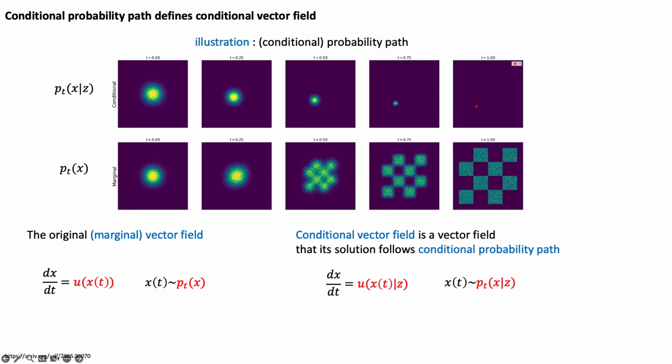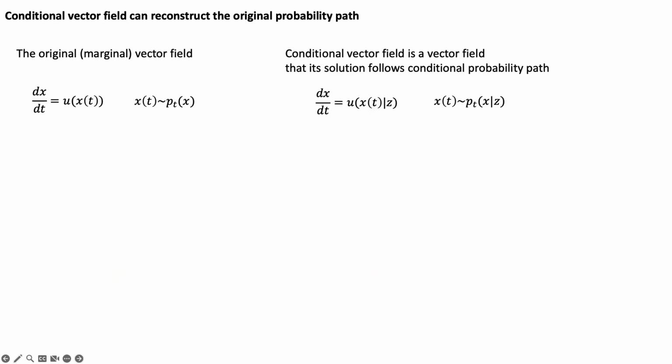Okay, so let me go into a little bit more. We have an original marginal vector field and the conditional vector field.